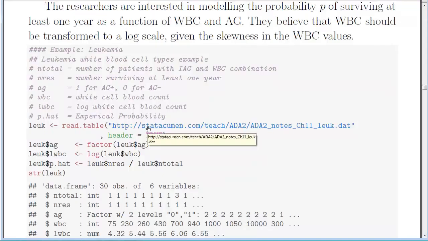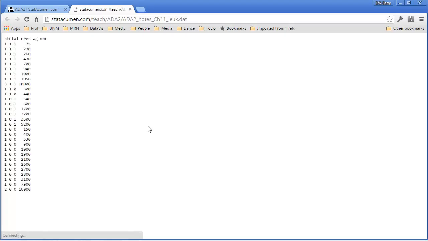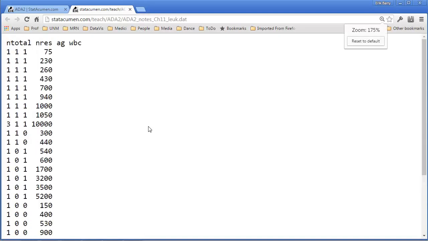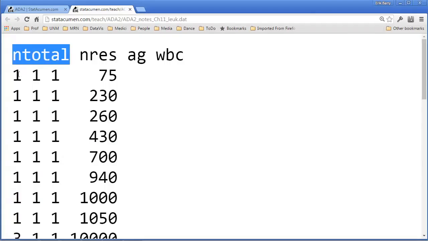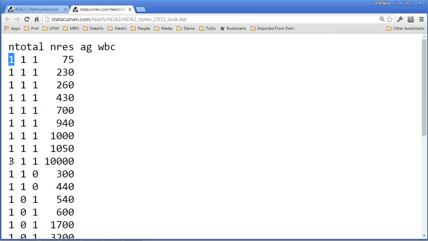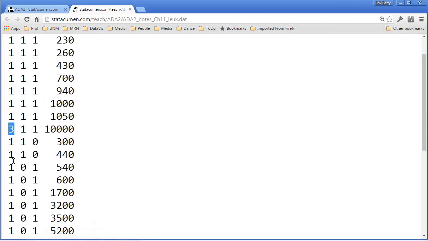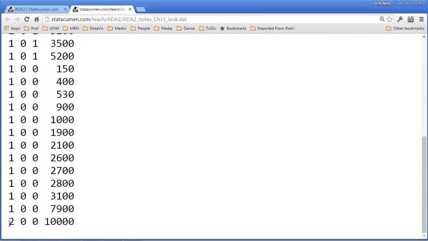If we read it in here, see what we start with. We have, for each person, the number total in that group, and most of these are going to be 1. There's only a couple cases that have more than 1 in that category. There's 1 there and there's the last one.